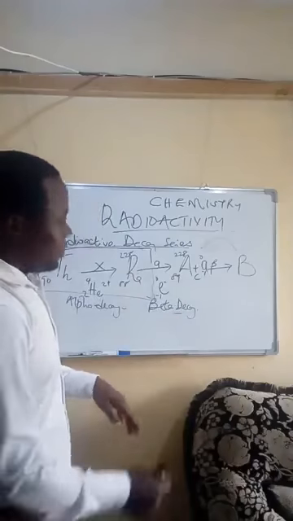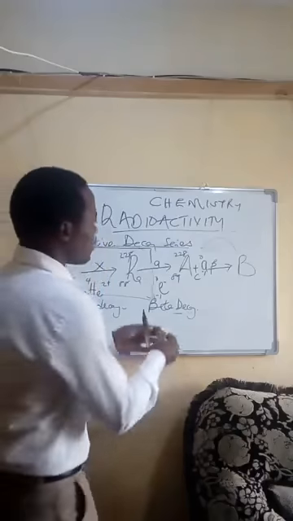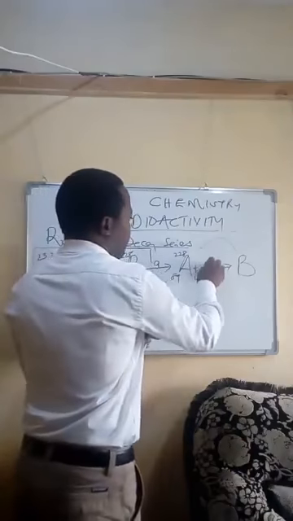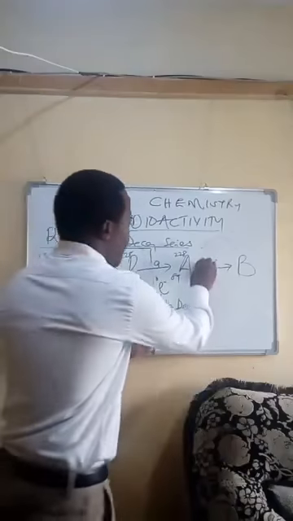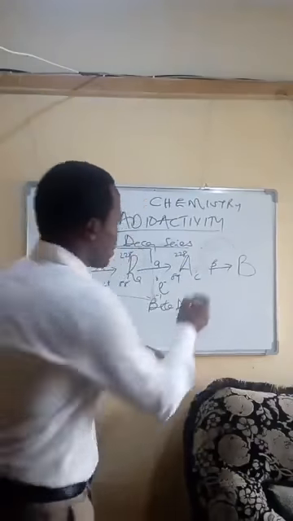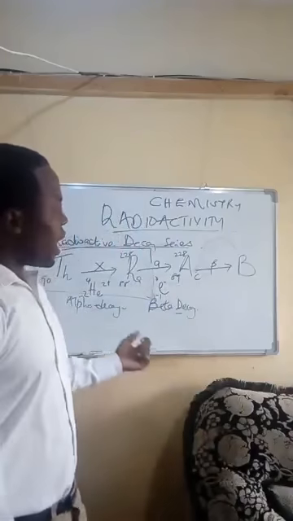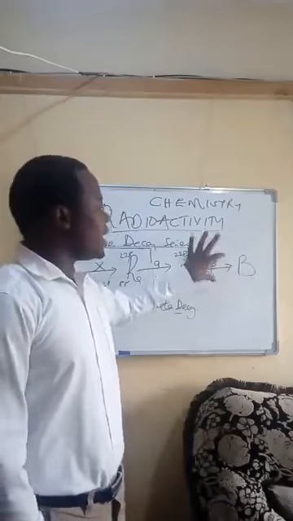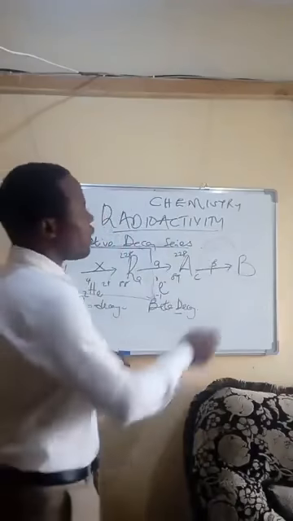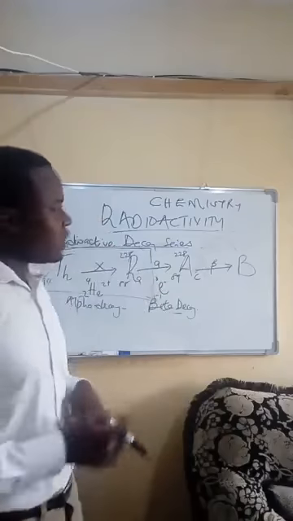And then finally we have Ac decaying to give us B and releasing beta particles. So what is B? What is the identity of B?